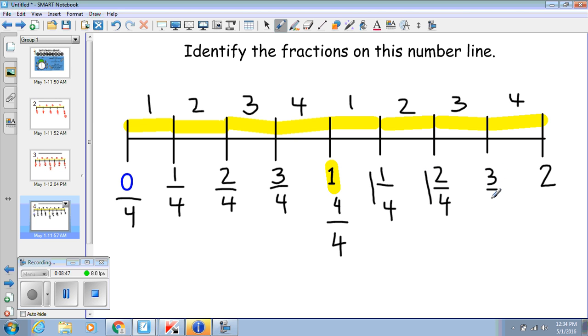This is 3/4. 1 and 3/4. And this is 4/4. 1 and 4/4. In other words, this is a whole. This is a whole. So that's why this point represents 2.